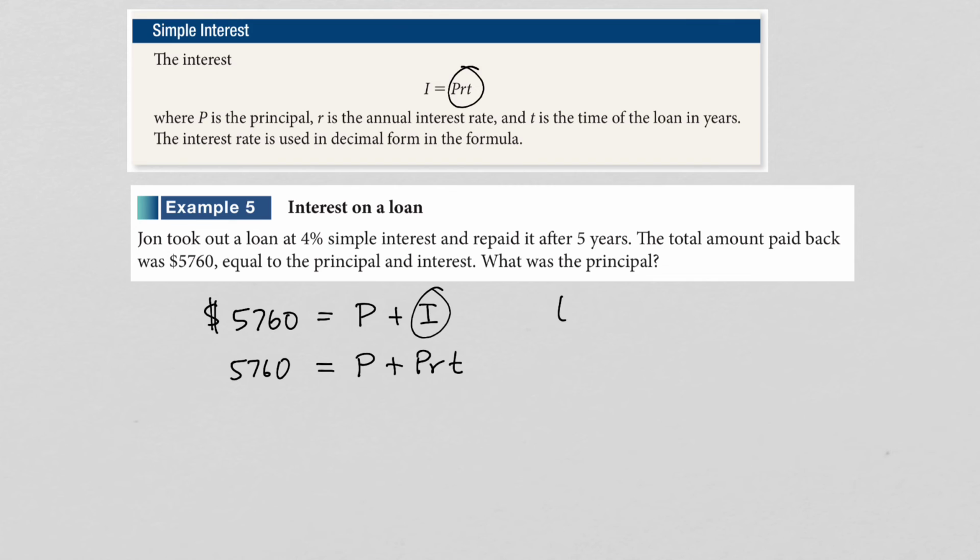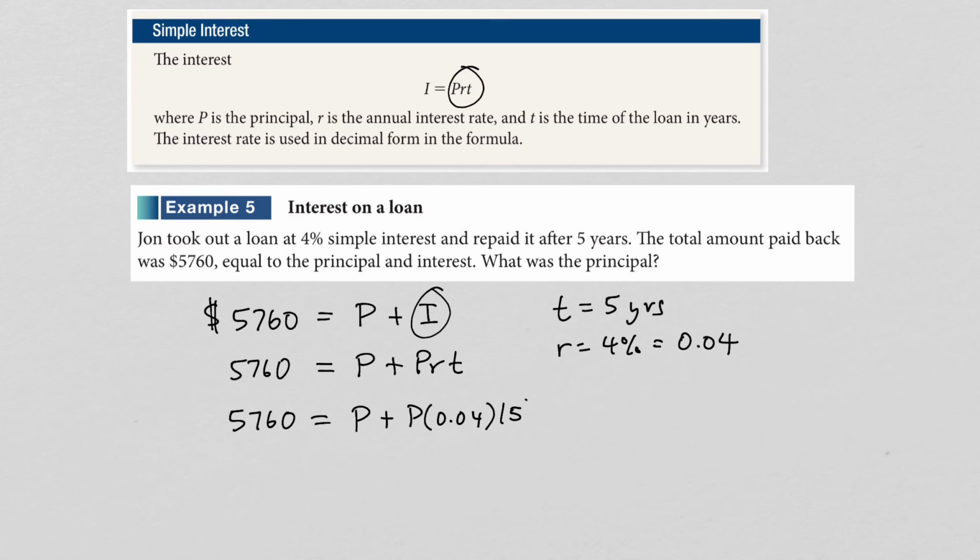We know for this problem, time is 5 years, and we know that the interest rate is 4%, which is 0.04. So if we plug those quantities in, we get 5,760 equals P plus P times 0.04 times 5. And if you do the math on this, we get 5,760 equals P plus, and then 5 times 0.04 is 0.2.